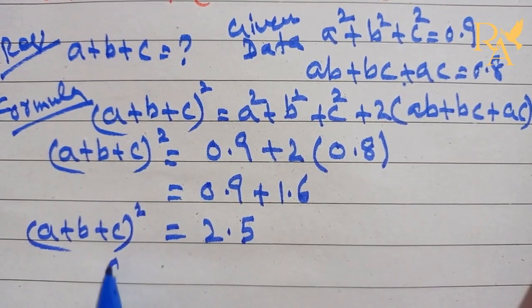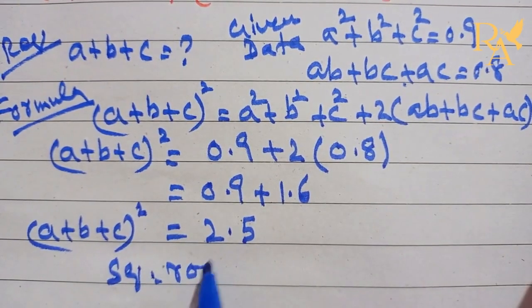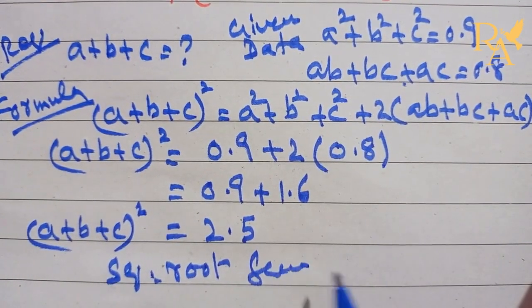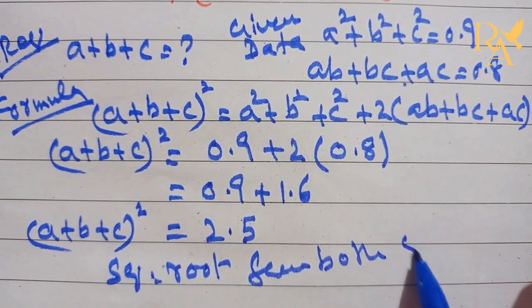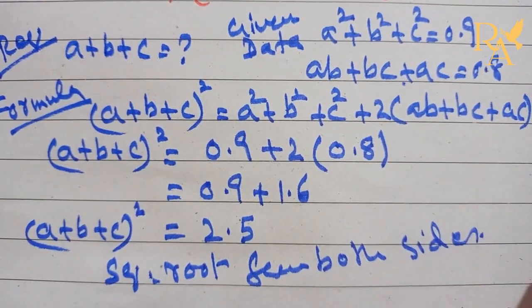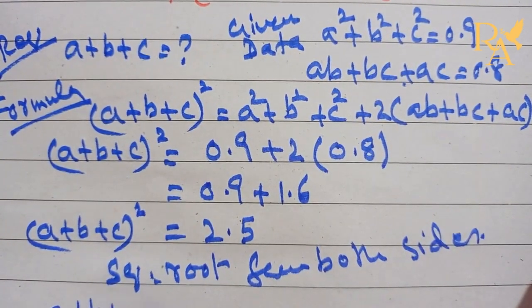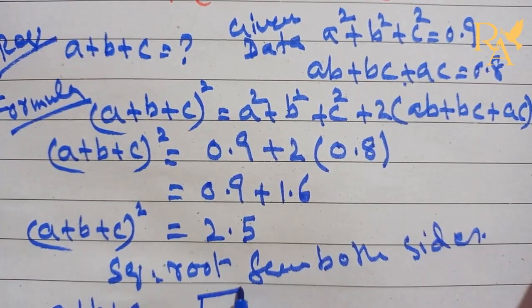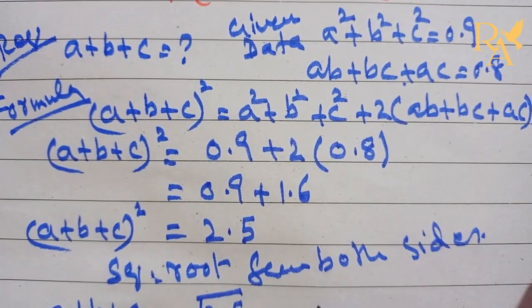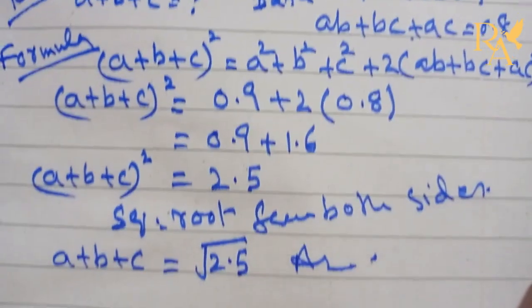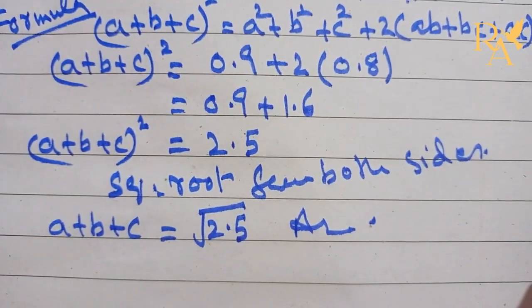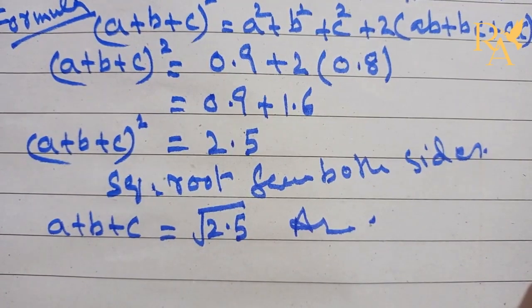Again, by taking the square root from both sides, A plus B plus C is equal to under root 2.5. This is the answer of question number 8.